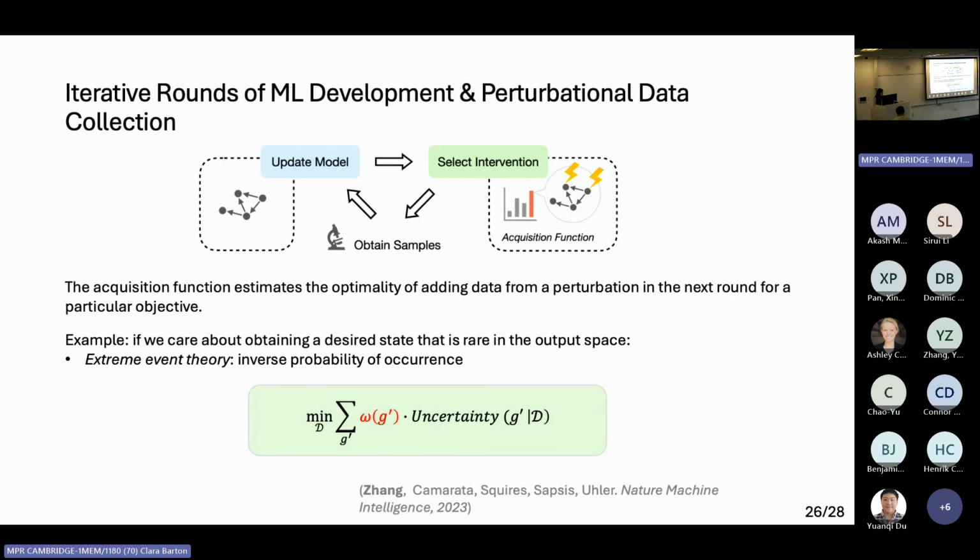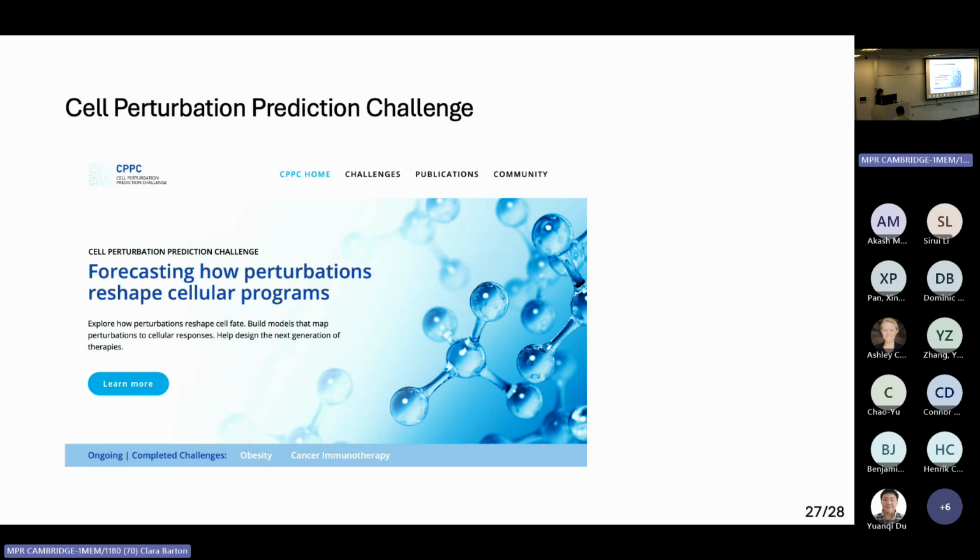Okay, and I just want to end by saying that the community, I think, is pushing towards perfecting perturbation prediction for virtual cells and other objectives.